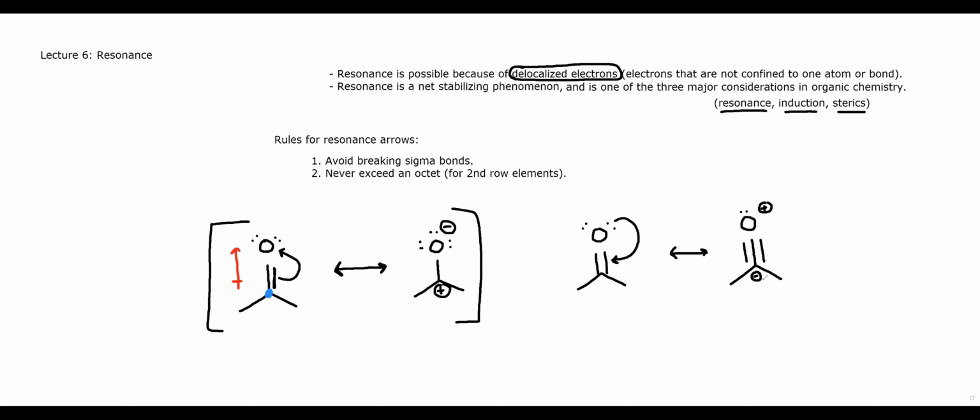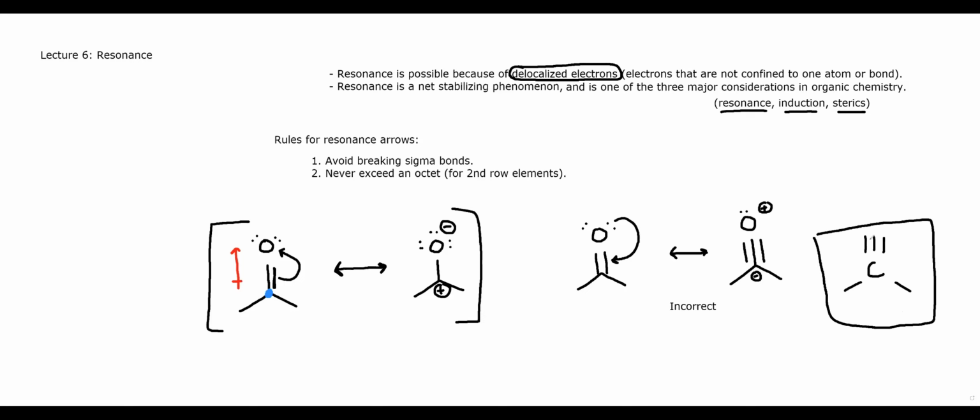Carbon can't have 5 bonds. Carbon has 4 bonds, okay? So this is not good. This is incorrect down here, because we can't draw carbon with 5 bonds. We can't go triple bond with 2 single bonds, right?